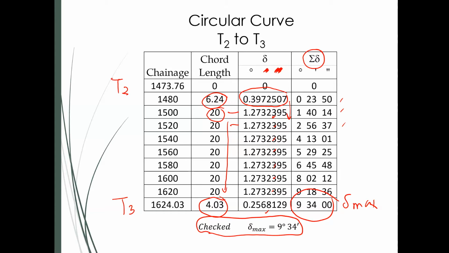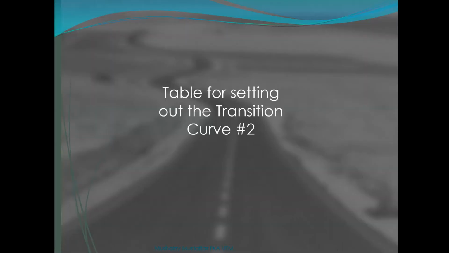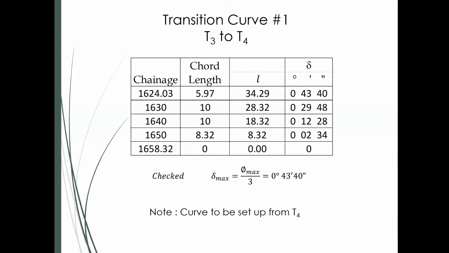Now I've got to prepare the table for the second transition curve. Let's call it transition curve T3 to T4. The thing with this is when we do the second transition curve, T4 is actually the tangent between the straight and the transition curve, whereas T3 is a tangent between the circular and the transition curve.